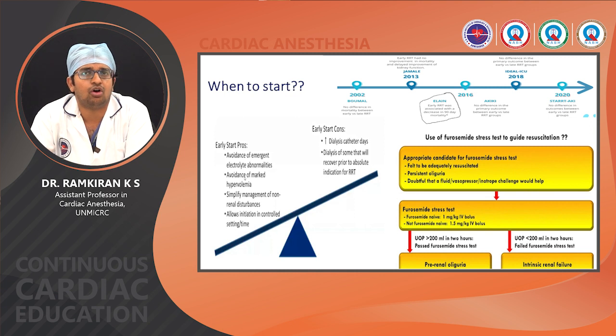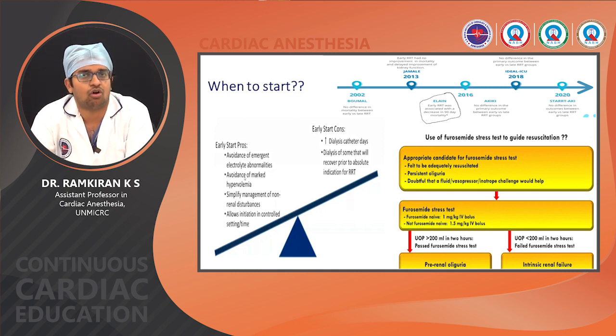So a common protocol, the furosemide stress test, can be used as a guide after resuscitation. So how do you do that? How do you know that the patient is a candidate? The patient has to be adequately resuscitated. There should be persistent oliguria, and it is doubtful that fluid, vasopressors or inotropes would help. For patients who are not on prior furosemide, you can give 1 mg per kg IV bolus.